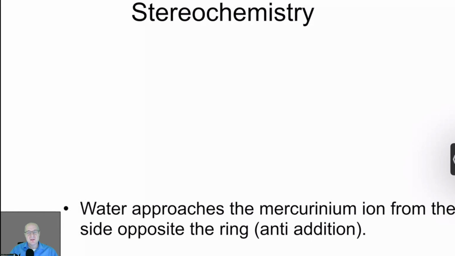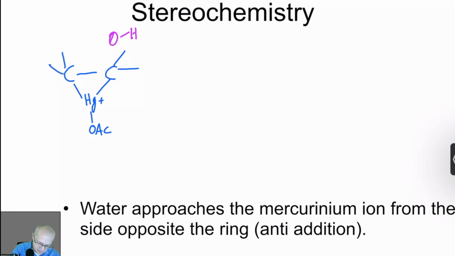So let's discuss the stereochemistry of the water or the nucleophile attacking the mercuronium ion. When you have a mercuronium ion, the nucleophile must approach from the side opposite. Just like in an SN2 type reaction, the nucleophile must approach from the opposite side. And what does that do?